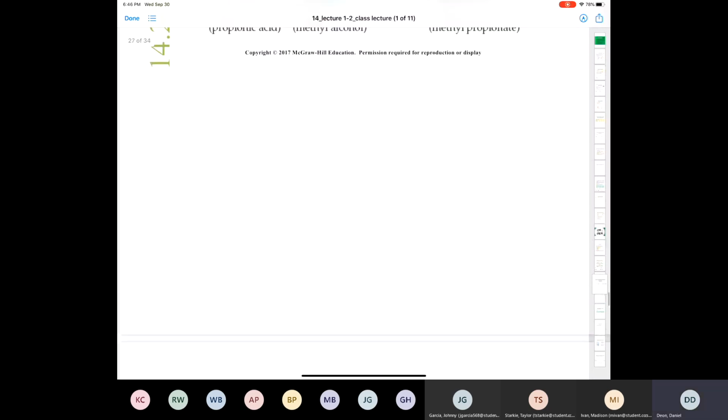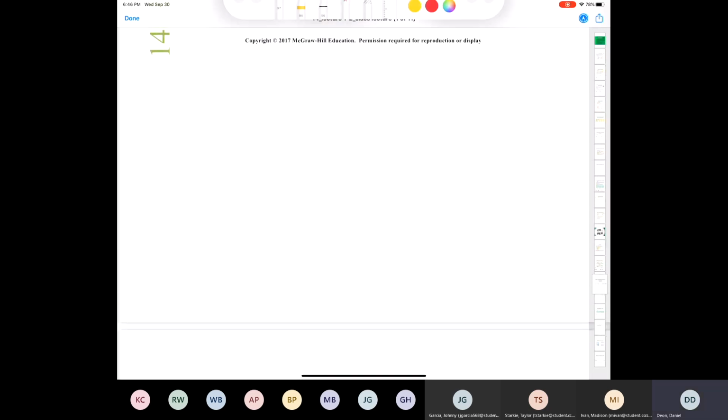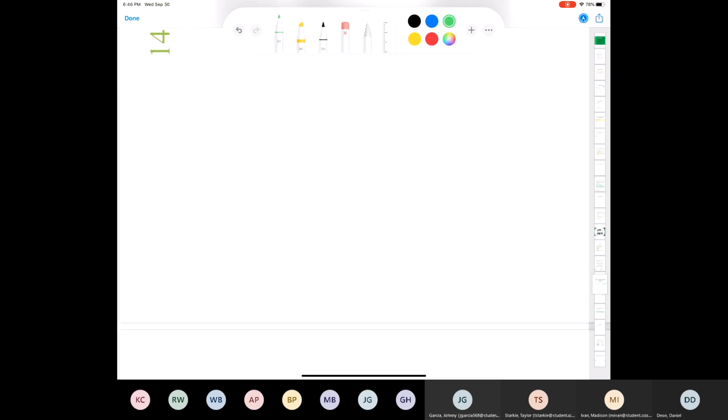Now, before we move on, we should probably talk about the common nomenclature of esters. If we have a 2-carbon carboxylic acid like this, we call that ethanoic acid.